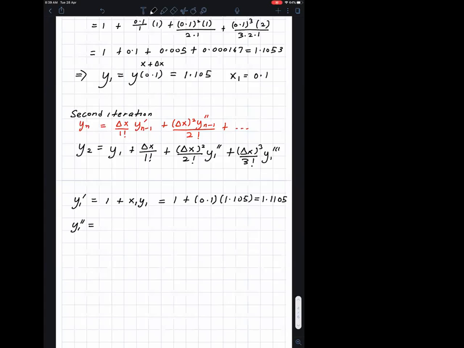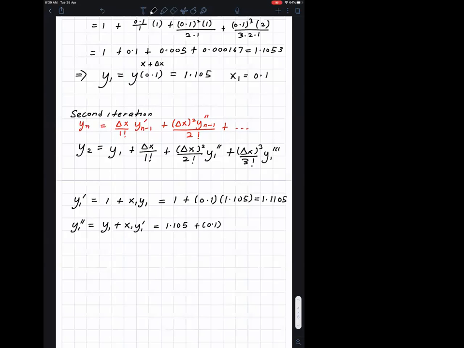Y1 double prime, same formula with a different subscript. Y1 was found earlier, plus delta x, and then y1 prime.